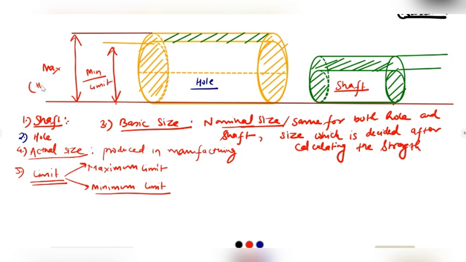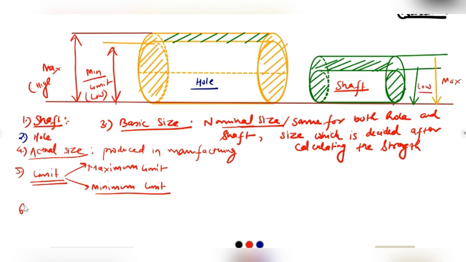We also call these the high and low limits. In this case, this is the maximum limit, and the other one, the smaller one, we define as the low limit of this shaft.